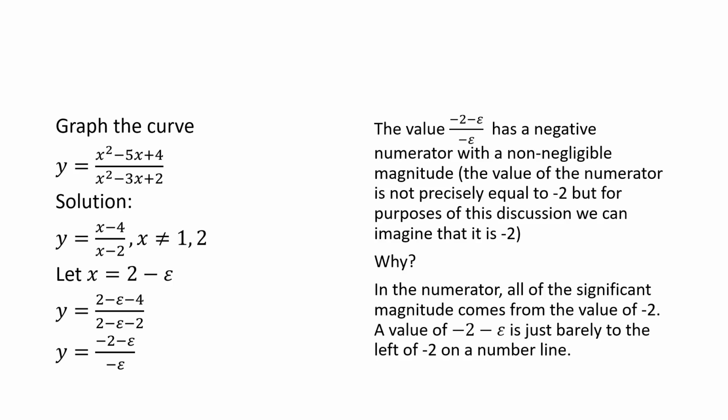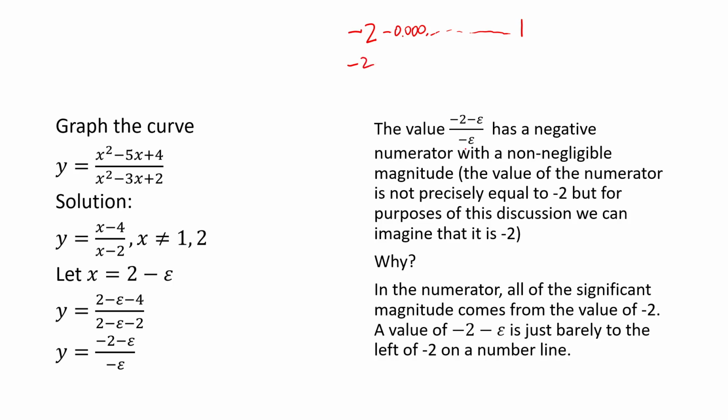The value of -2 minus epsilon over negative epsilon has a negative numerator with non-negligible magnitude. In other words, -2 has magnitude. When we subtract epsilon from that, we're subtracting some quantity like 0.0000, et cetera, 1. When we do that subtraction, we essentially still have -2 left.